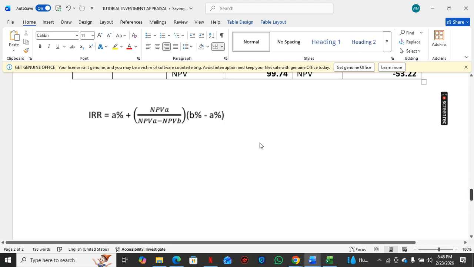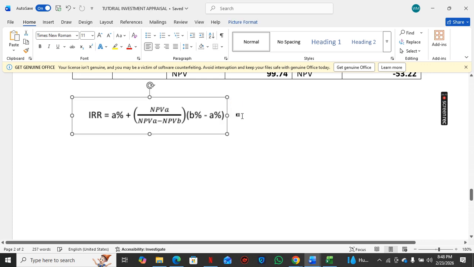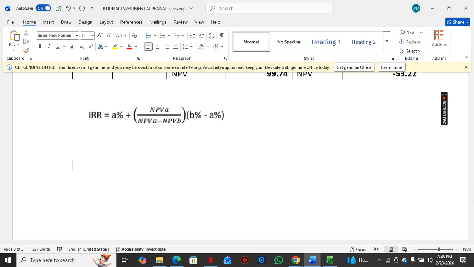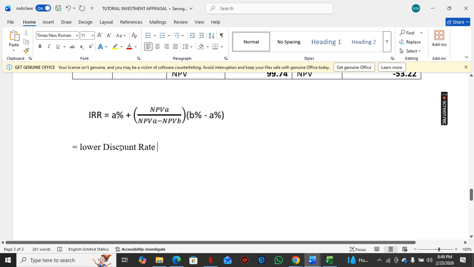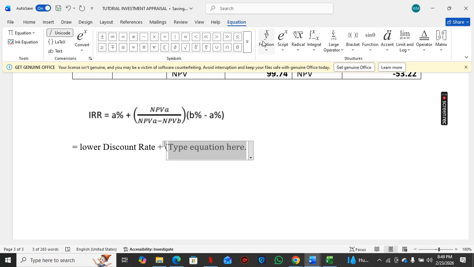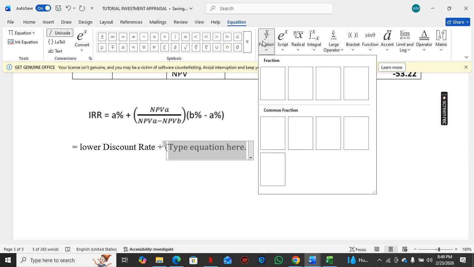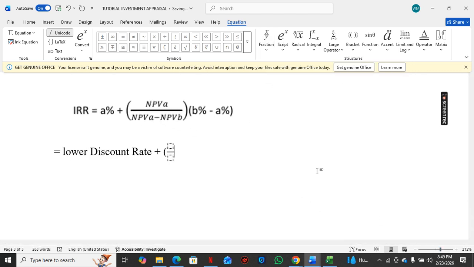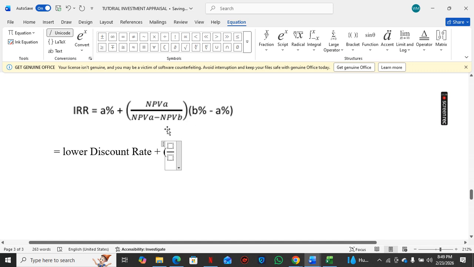Let me just write it in plain English so that you remember it. Do not worry, this formula will be provided to you in the exams. Just remember what it means. This 8% is the lower discount rate. That this NPVA is the net present value with the lower discount rate.